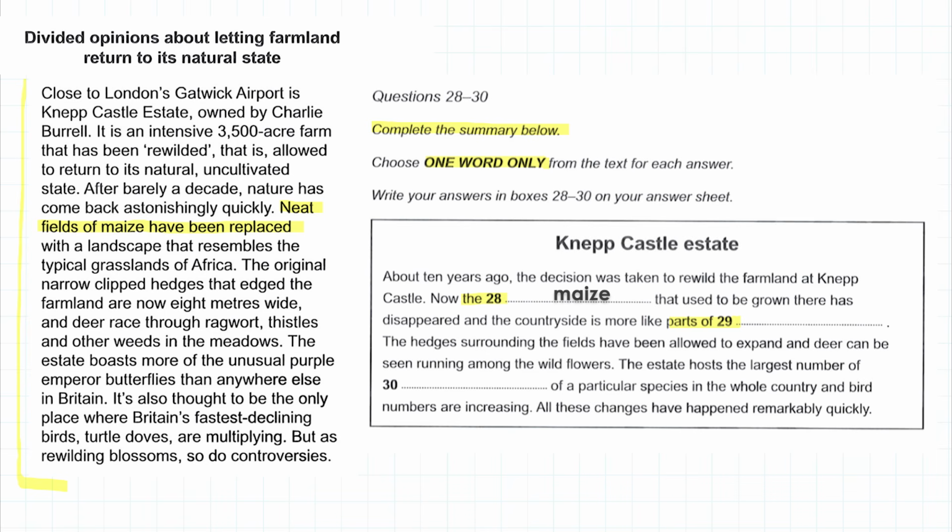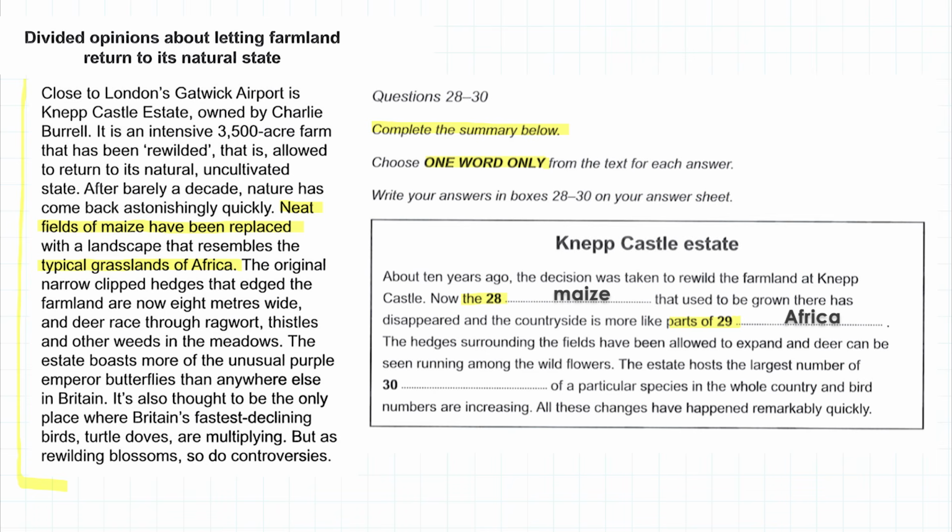The answer is maize. So the fields of maize have been replaced with a landscape that resembles the typical grasslands of Africa. So the countryside is more like parts of Africa. Again, the answer is Africa and not grasslands, because parts of grasslands makes no sense.